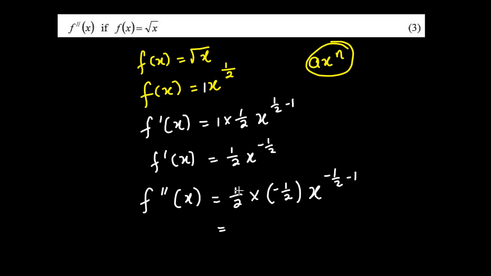So what will be the answer? Half times that will be negative 1 over 4, and then I'll have x to the negative half minus 1, that will be negative 3 over 2. Then this would be f prime prime x. Okay, so I just found it quite interesting to put. All right, then we go further, we do others.